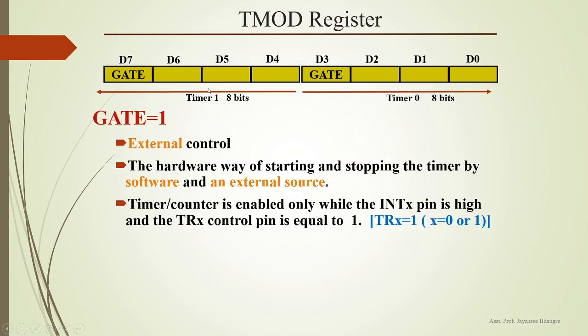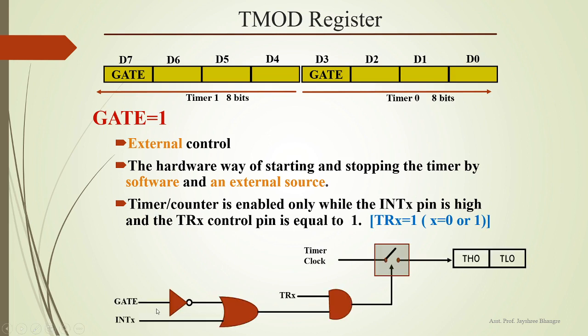If gate is 1, then this is the hardware way of starting and stopping the timer, by software and an external source. That means the operation of the timer will depend on the state of the INT pin. So let's see. Now if the gate is 1, then the output of this NOT gate will be 0. So now this input of the OR gate is 0, then the output will be 0.